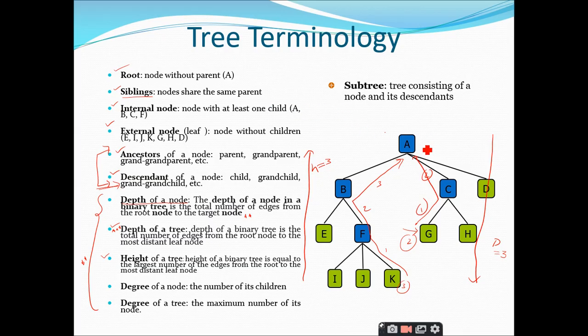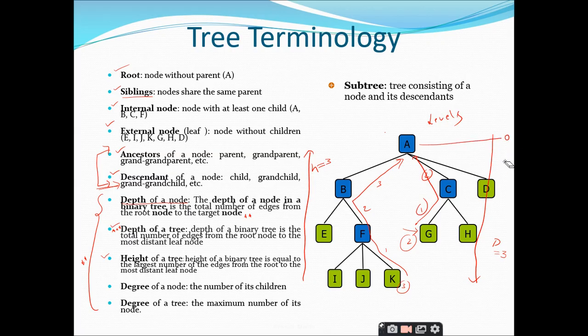Yes, sir. So there is another shortcut method where you can find the height or depth of a tree, right, by making use of levels. As I told that you can give the level numbers to the tree which you are going to represent, and I already told that the level of the root node always starts with 0.